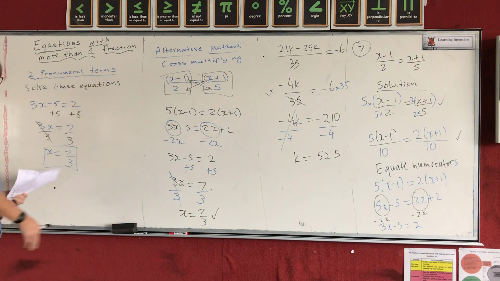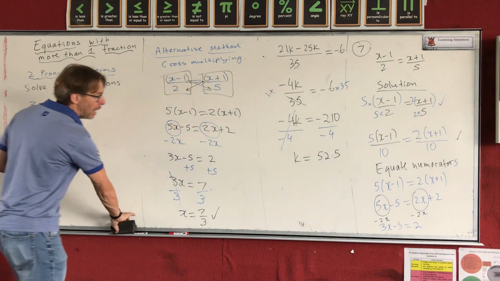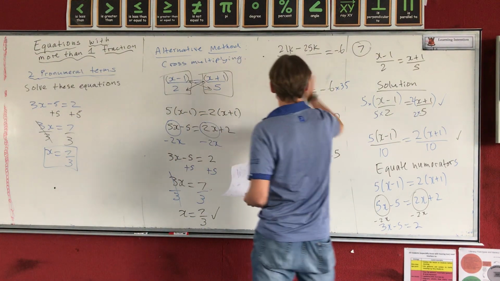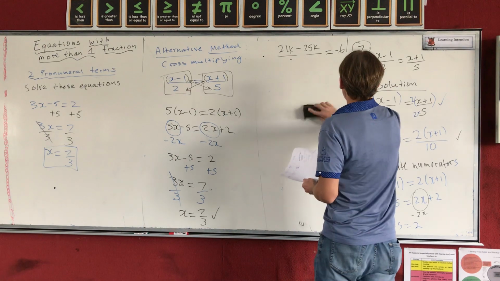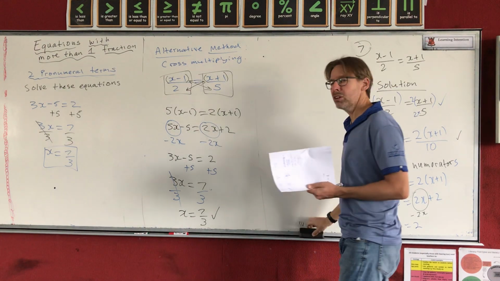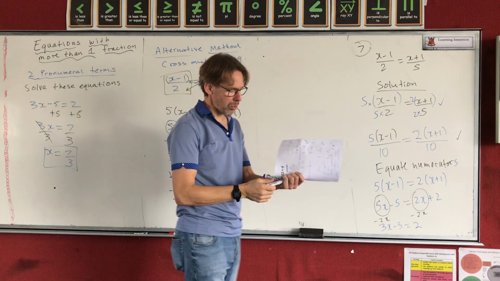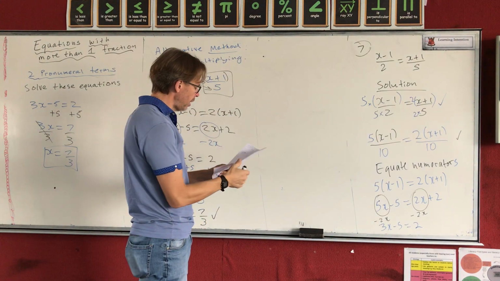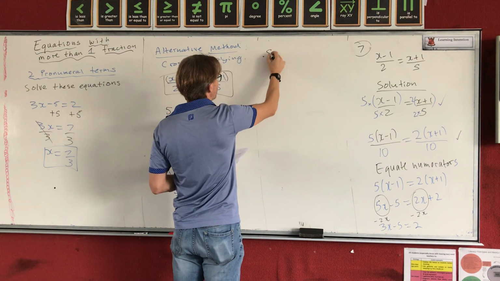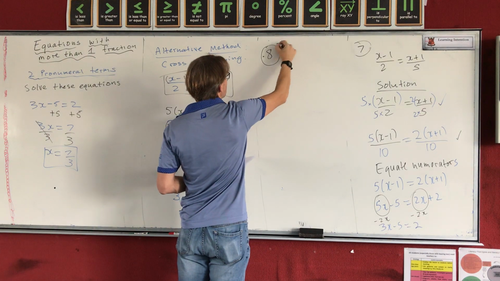So make sure you copy down that alternative method, and then I want you to do this last question by yourself. And I don't mind which method you use. You can use the common denominator method or the cross multiplying. So this last one here, this will be our last question. It's the hashtag one.